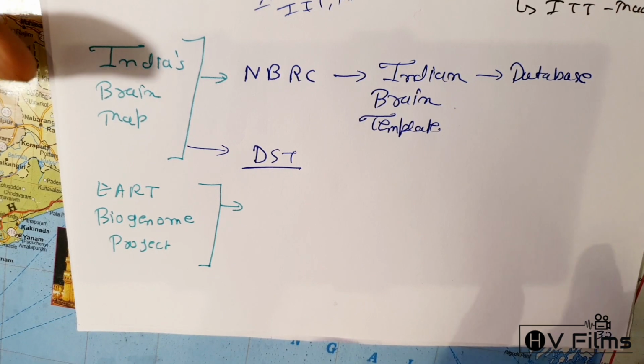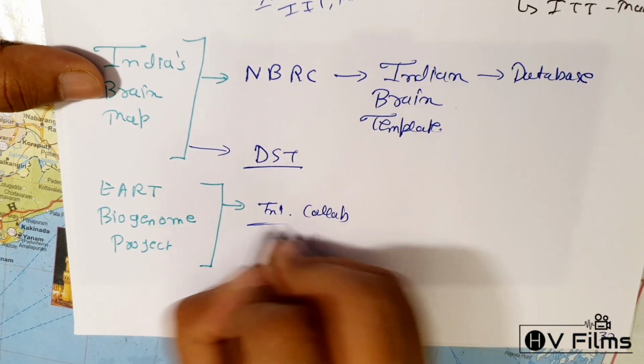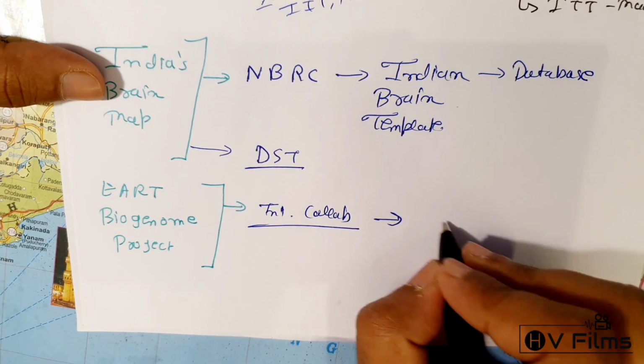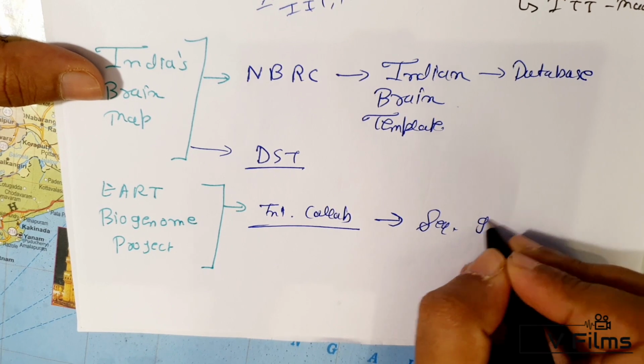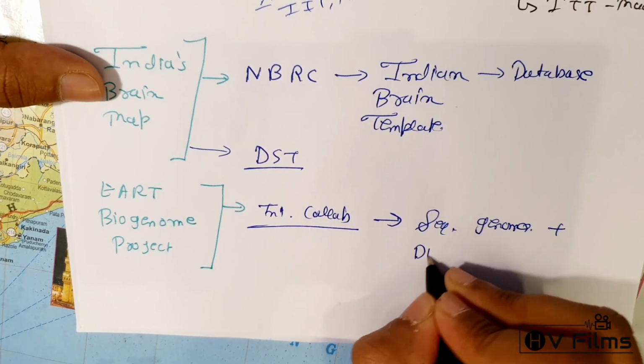So this is what the Earth Biogenome is. It's just an international collaboration, basically, which will sequence all the genomes, plus it will also digitize them.